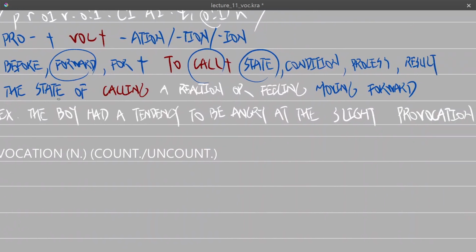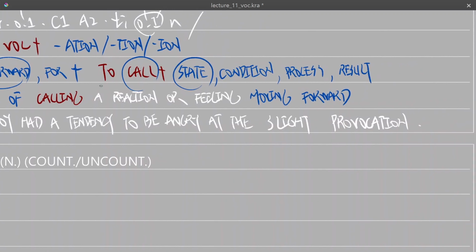Right. The boy had a tendency to be angry at a slight provocation.